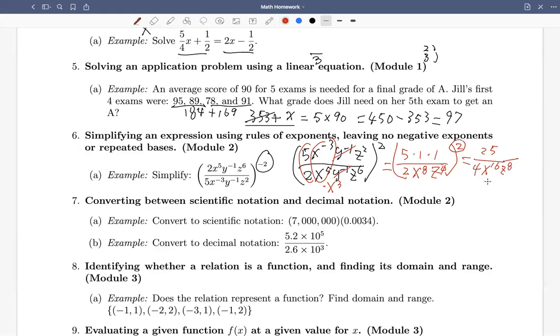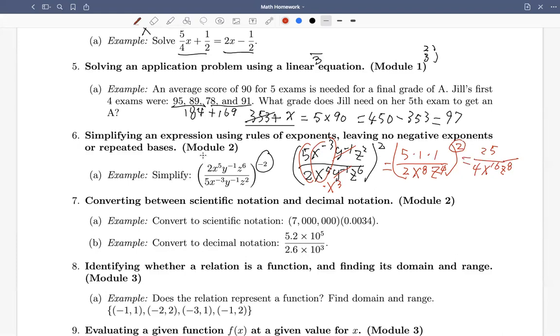Okay, so the answer for this 6a is 25 divided by 4x raised by 16 z to the 8th power. Okay, that's 6. You may simplify inside first, then apply the exponent.